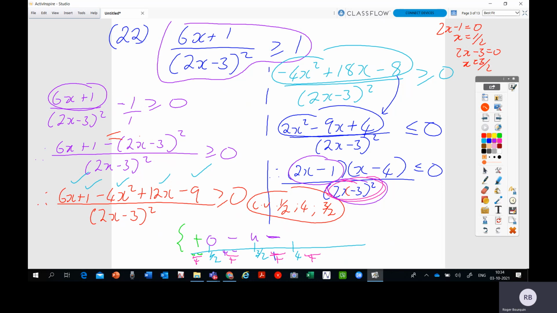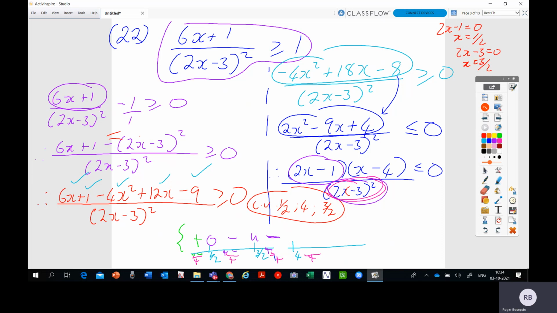Around 3 over 2, if x is between 3 over 2 and 4, which is 1.5 and 4, so if x is 2, the top factor, the first one, would be positive, but this factor here would still be positive. Sorry, that would be negative still.